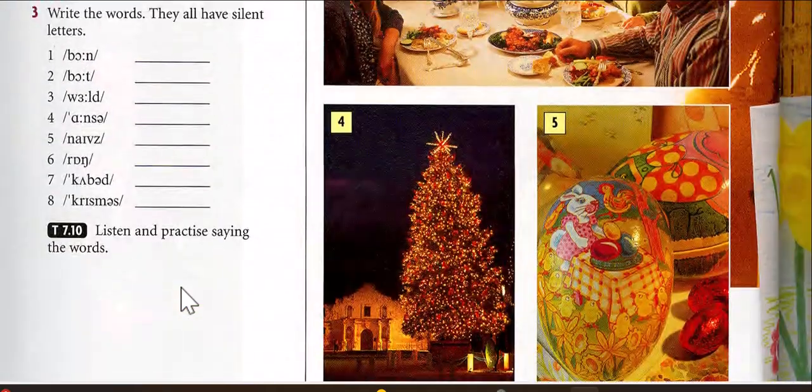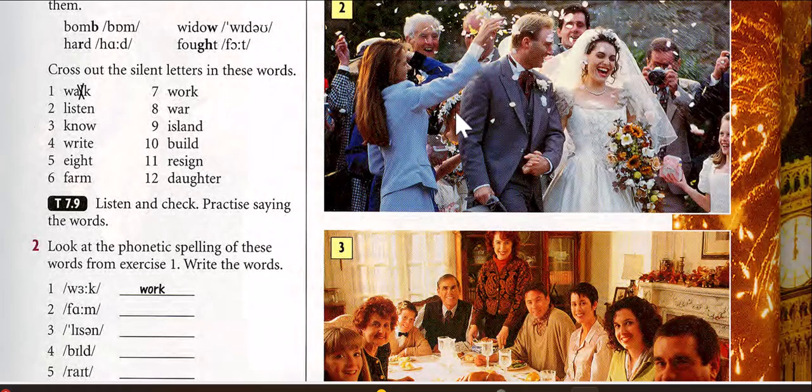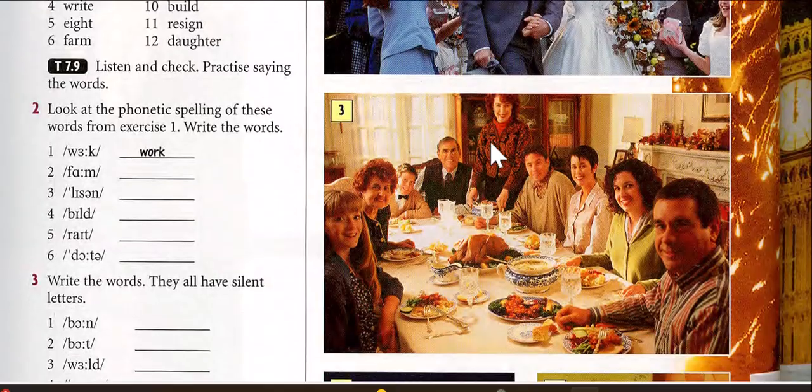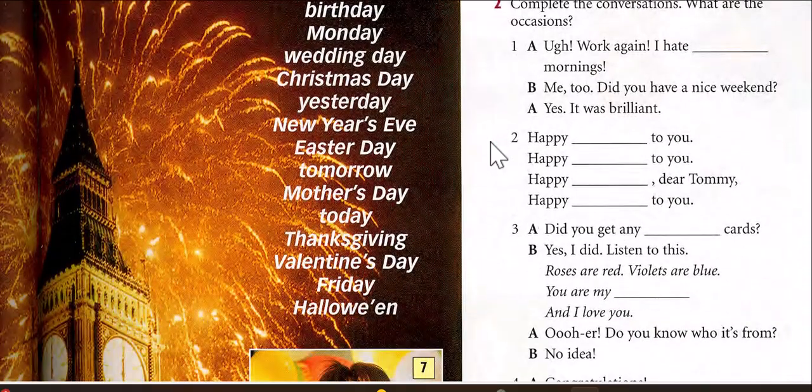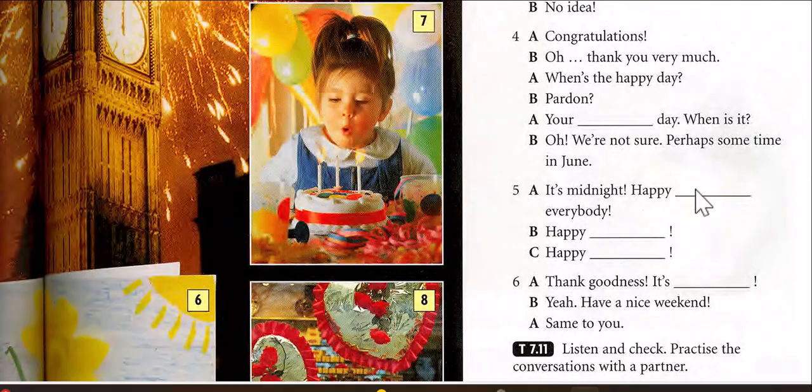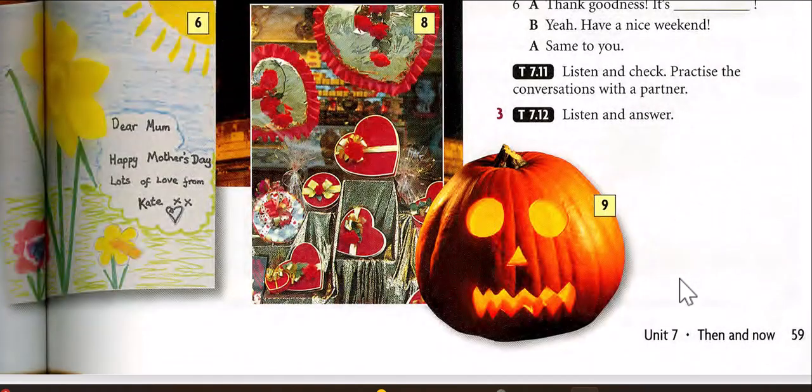And the first picture, this one denotes wedding, right? So look at these things and complete the exercise. Also complete these conversations. Okay, and this is the end of this lesson.